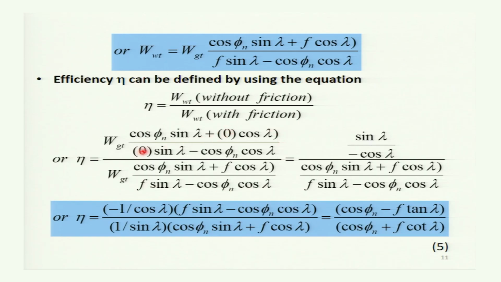Coefficient of friction is taken 0 here, and thus we found this equation. Finally, after rearranging the terms, we have efficiency given by cos phi n minus F tan lambda divided by cos phi n plus F cot lambda.